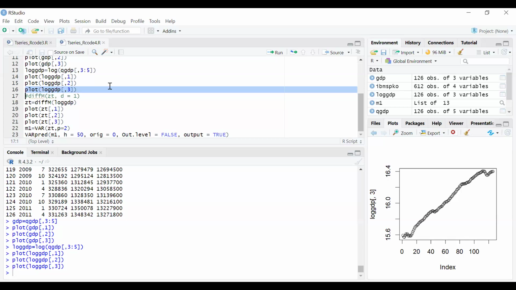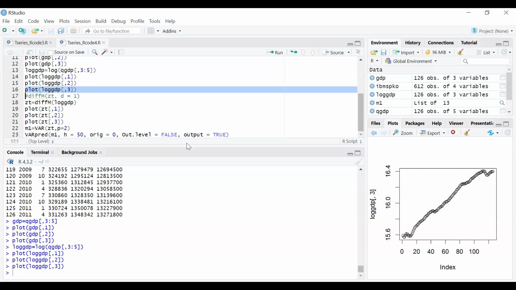Here also you have to do the same thing, because even after taking log transformation, the data is growing in a steady manner, whereas I want a data set where there is no such steady growth. The growth or the trend part is removed. After doing trend removal, we would like to fit a VAR model.